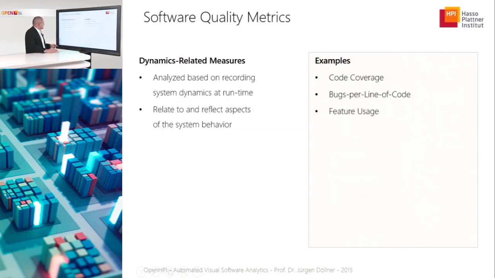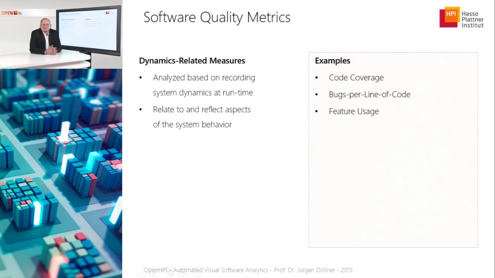Now, let's go on to another category of software quality metrics related to dynamics. They are typically analyzed, measured based on recording the system dynamics at runtime, for example, using tracing technology. They relate to and reflect aspects of the system behavior of, for example, function call structures.